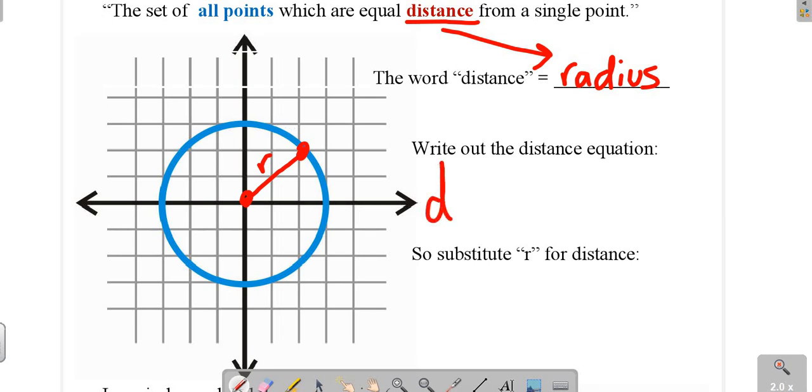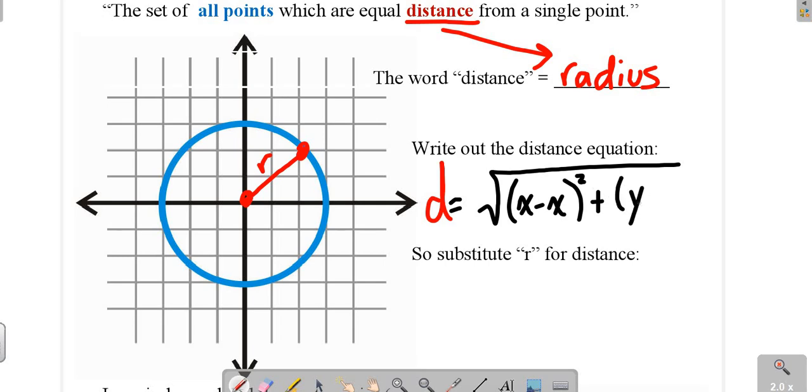The distance equation is distance equals giant square root, subtract the x's, squared, plus subtract the y's, squared. Go ahead, let's add the subsets. The first point, second point, first point, second point.